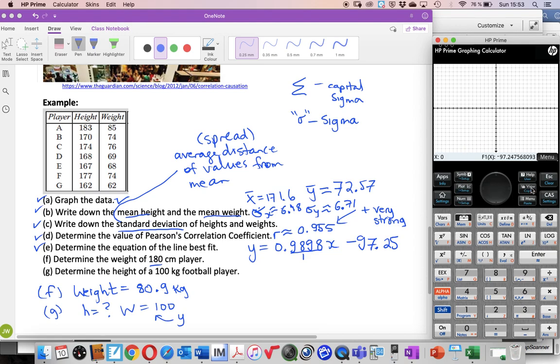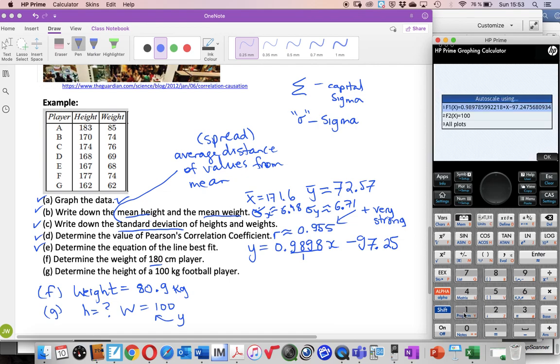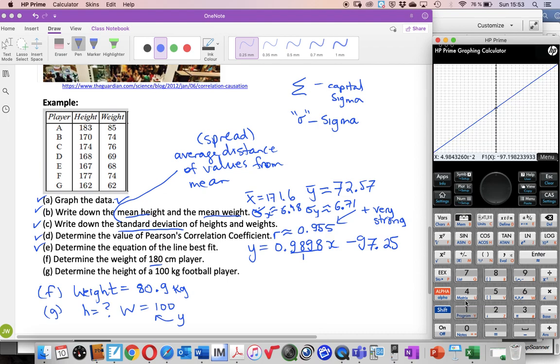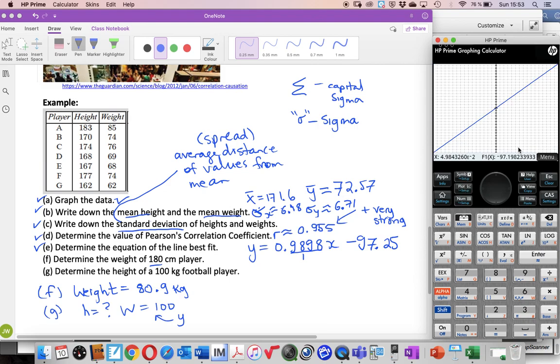When you plot, it may not show up. Just go to 3 auto scale. It does quite a nice job. Okay. So if you see that it's not showing up quite nicely, you can try the auto scale of the other one.